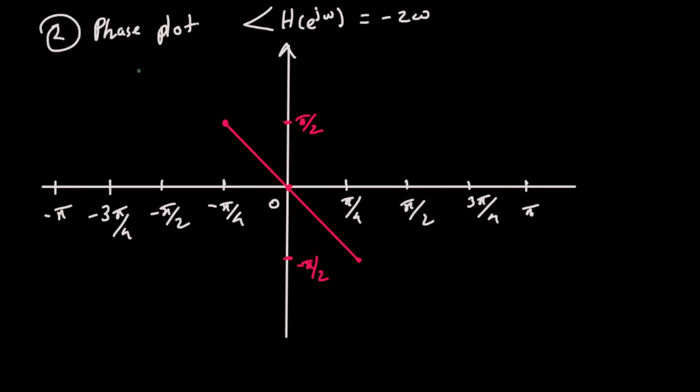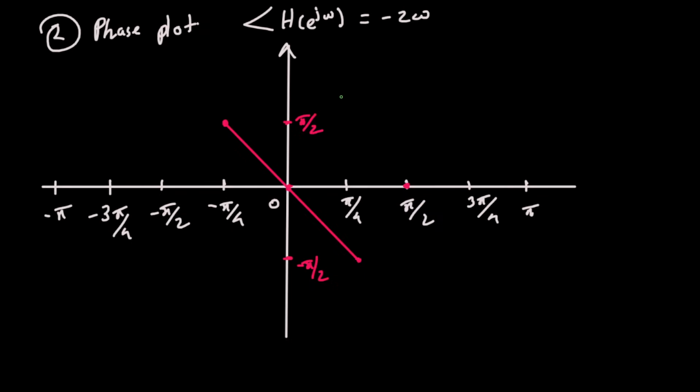And if I try the next one, π/2, so negative 2 times π/2, that's going to be negative π. Okay, π is right here. Negative 2 times π/2 is π.